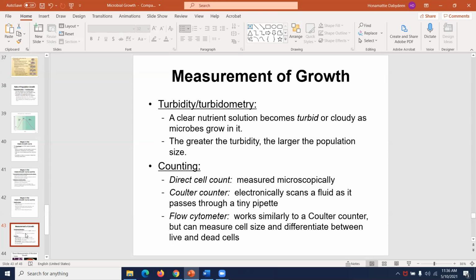And so we can measure, using a spectrophotometer, how turbid the medium is and figure out what number of organisms might be in the tube. And that's a very crude estimation, it's not accurate. And we can do the counting. We can directly count the number of organisms.